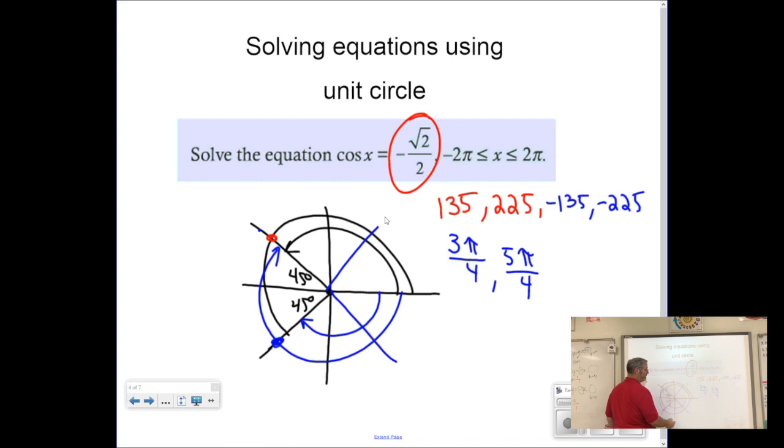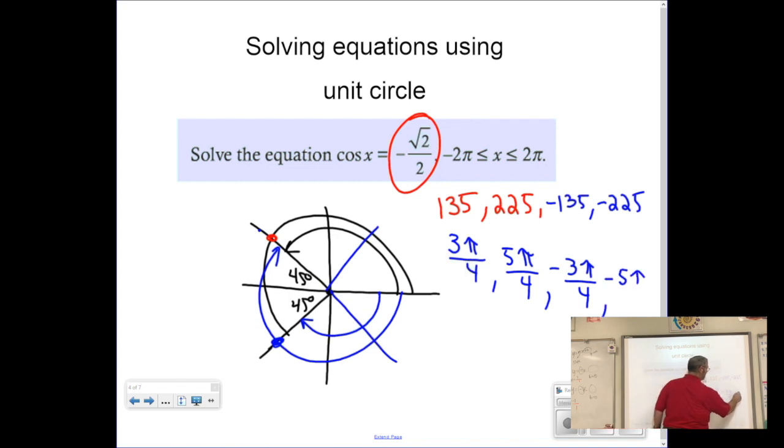Now going in the opposite direction, I have 1 pi/4, 2 pi/4, 3 pi/4 in the negative direction, so it would be -3 pi/4, and 1, 2, 3, 4, 5, -5 pi/4.